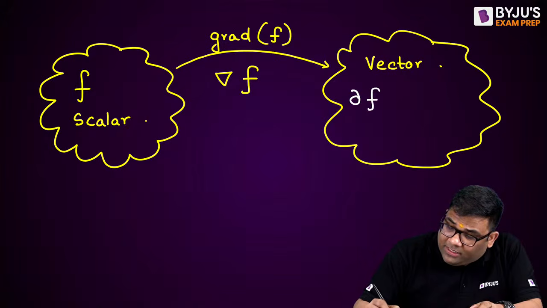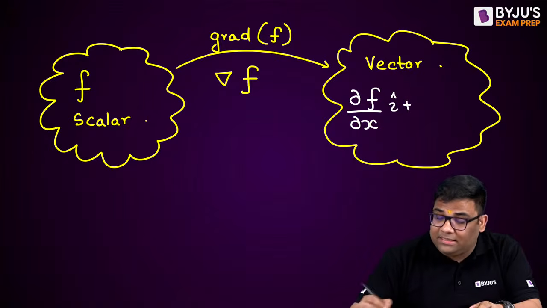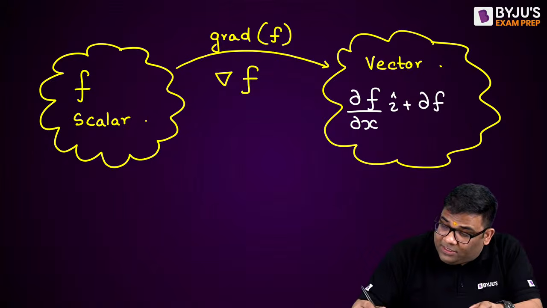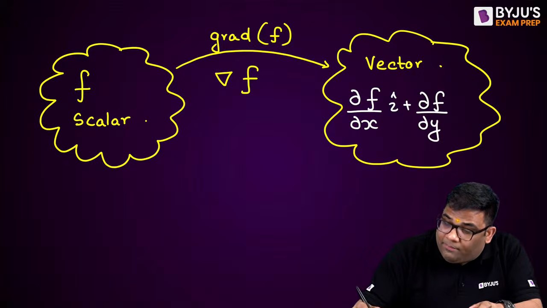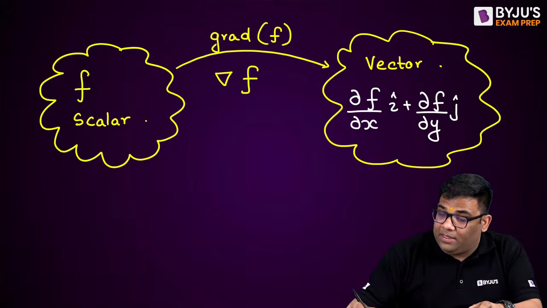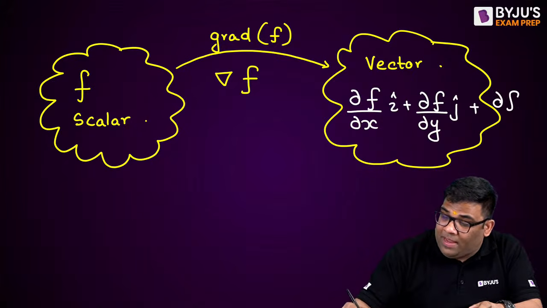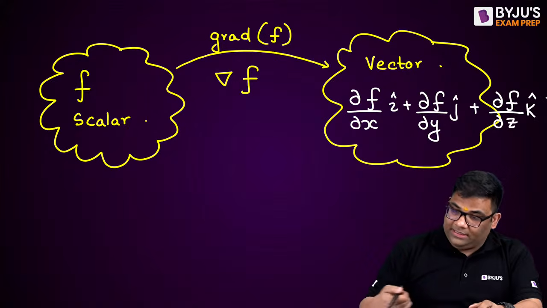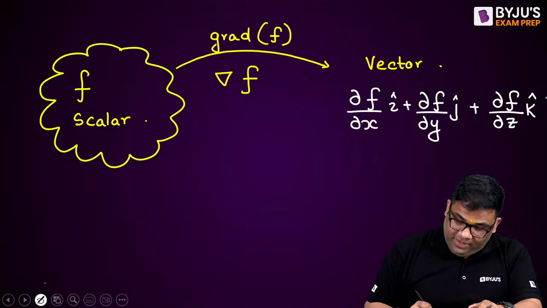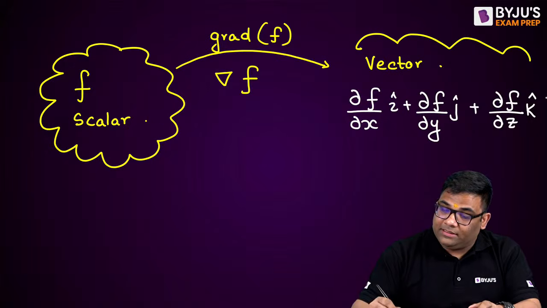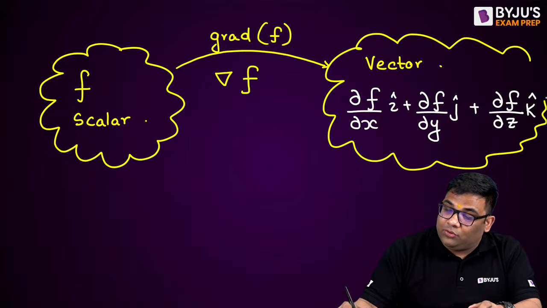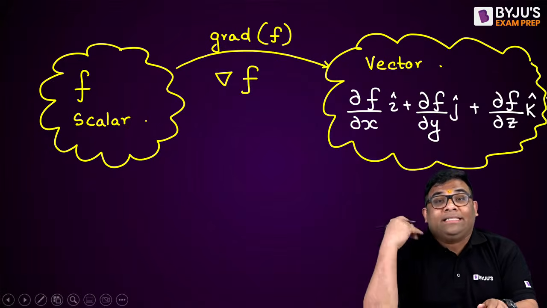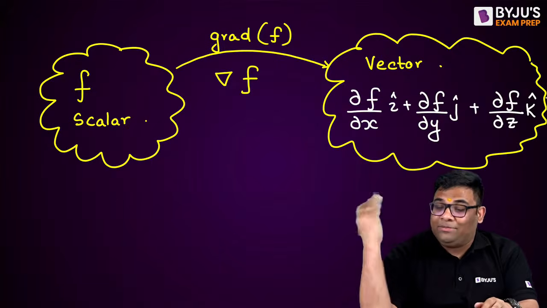Partial differentiation of f with respect to x, i cap, plus partial differentiation of f with respect to y, j cap, plus partial differentiation of f with respect to z, k cap. Very easy, yes or no? This is gradient. So gradient always acts on a scalar function and gives a vector function.